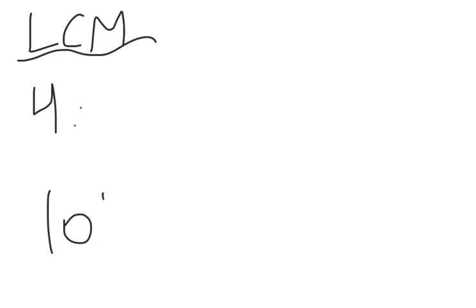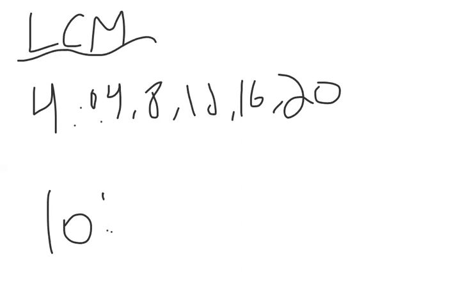Notice you can't really find the greatest one because you can keep going on forever with multiples. Note that 0 is always a multiple, but that's kind of trivial. So that's 4, 8, 12, 16, 20, 24, and so on.